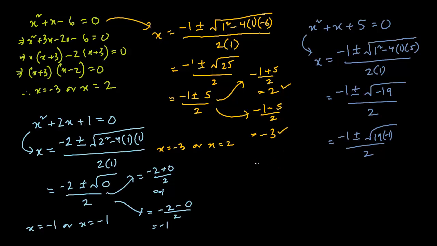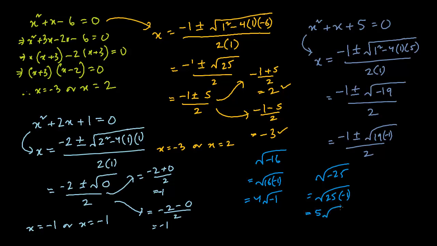The problem is with minus 1 square root. For example, if you have square root of minus 16, you can easily write it as 16 into minus 1. So square root of 16 is 4. We don't know what the square root of minus 1 is. If you write square root of minus 25, similarly we can write square root of 25 multiplied by square root of minus 1. Square root of 25 is 5, and square root of minus 1 is the problem.